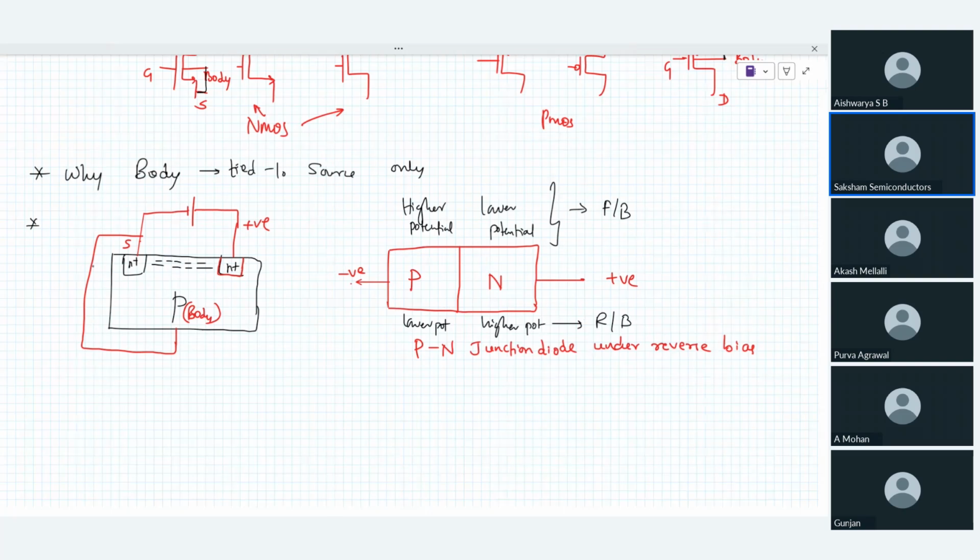Now there is an inbuilt, or implicitly built, reverse biased PN junction diode towards the drain side of your N-type MOSFET. That means all the characteristics that you observe in a reverse biased diode are going to be seen over here, and that tells you the maximum limit of VDS that you can apply.